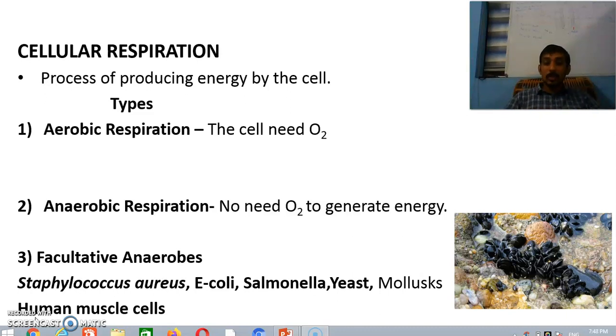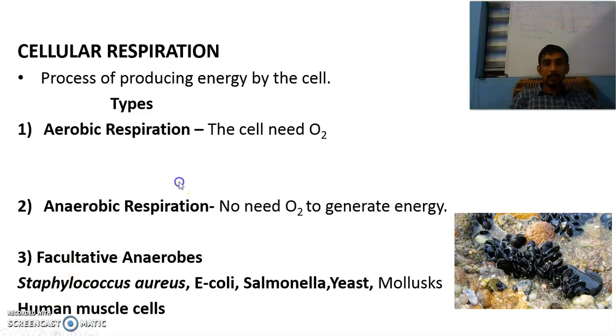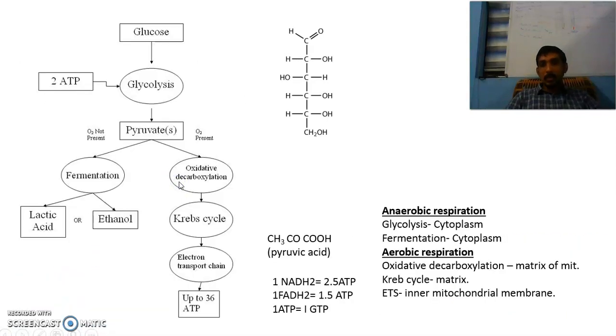So, let's move into the broad concept of this cellular respiration. You can see cellular respiration is mainly of two types, aerobic and anaerobic. Some perform both simultaneously, so that is why they are known as facultative anaerobes.